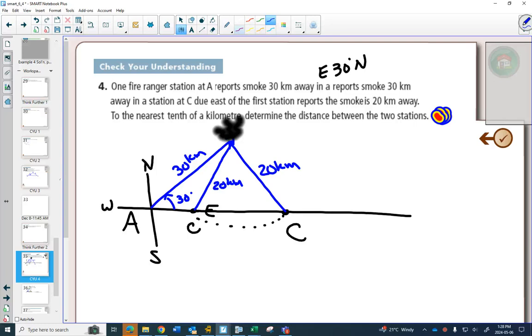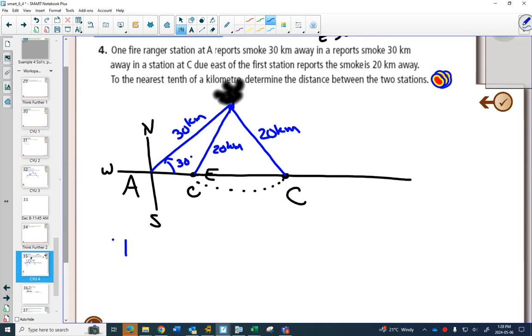You want to find the distance between A and C, and there's one possibility where it's the short distance and one possibility where it's the long distance. So we recognize this is the ambiguous case.